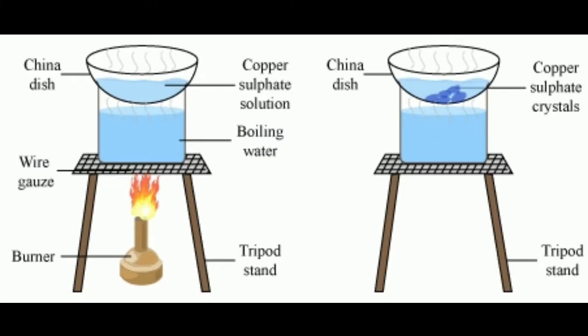Next topic is, how can we obtain pure copper sulfate from an impure sample? For this, we use the method crystallization. See, the activity given: take some impure sample of copper sulfate in a china dish as shown in the figure. Dissolve it in a minimum amount of water.